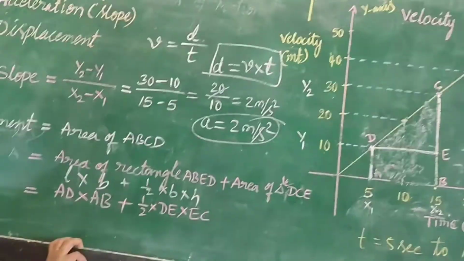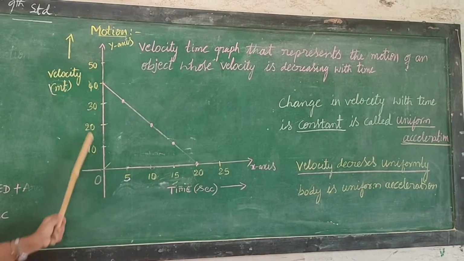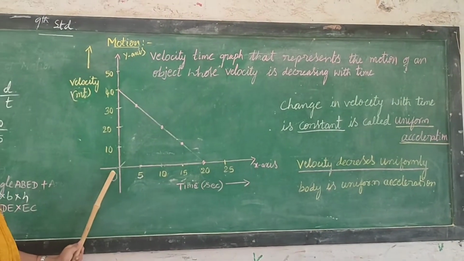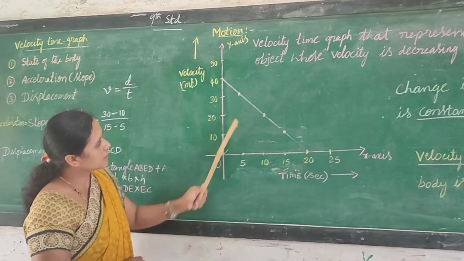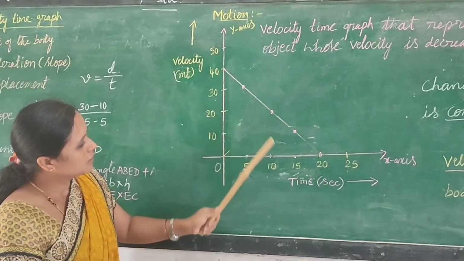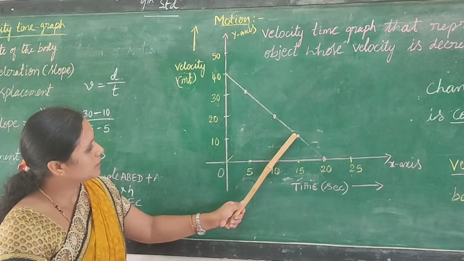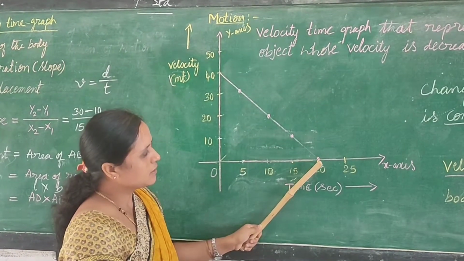Okay, students. Now you can observe this graph. Here the speed of an object decreases. At 0 second, the speed of an object is 40. At 5 second, speed will be 30. At 10 second, the speed is 20 meter. And at 15 second, speed is 10 meter. At 20 second, the speed of an object is 0.